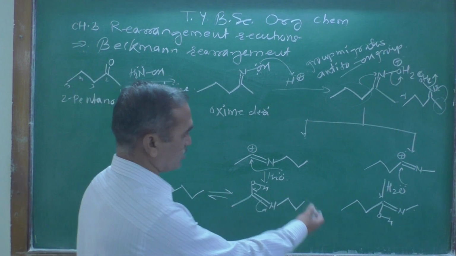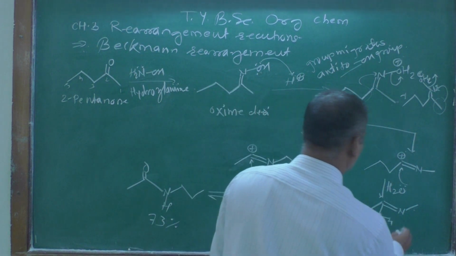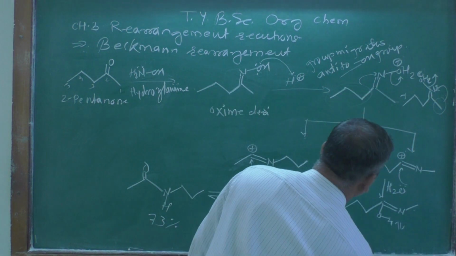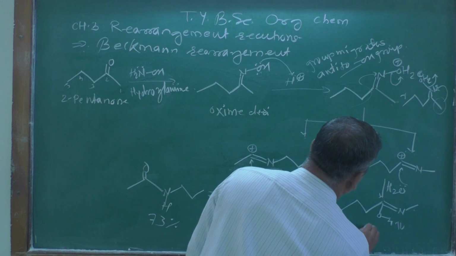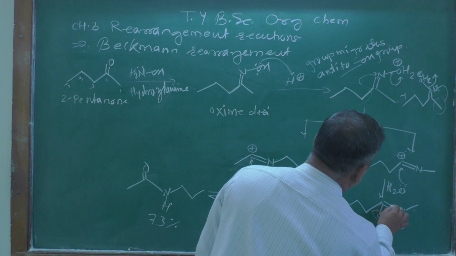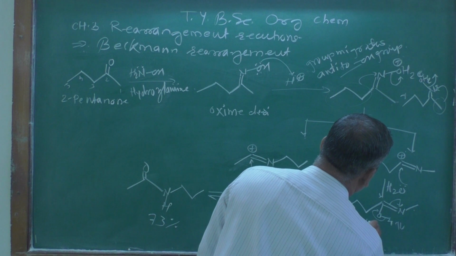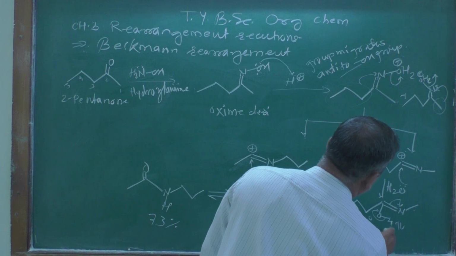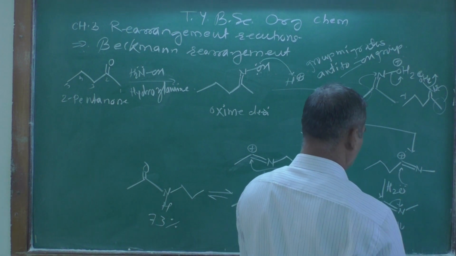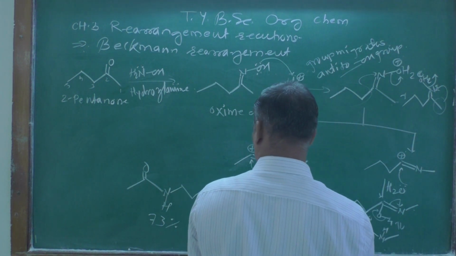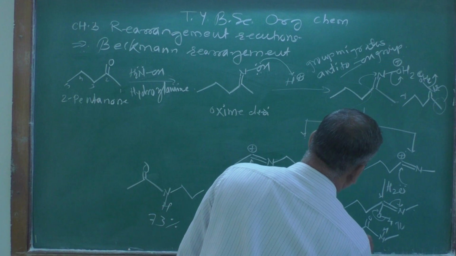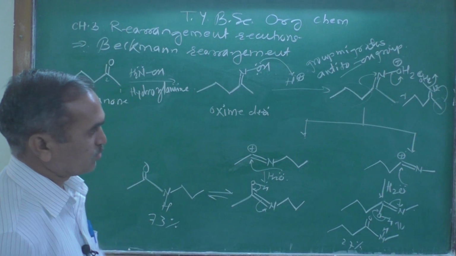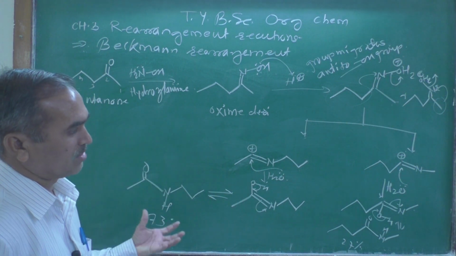This form is about 73%, and the rest, when it is converted at equilibrium, I am showing here: it goes like this, C double bond O, then N, H, and this CH3, and we get this only as 27%. So these are the differences.